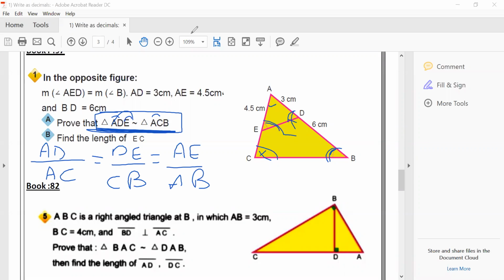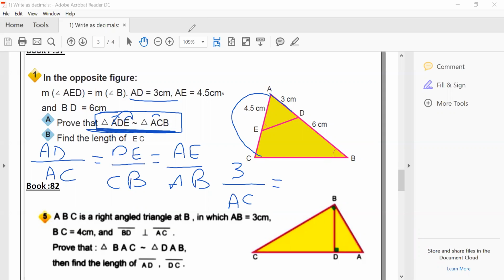Okay, I will remove the letters and substitute with the lengths I have. AD, do you have AD? Yes, AD is given, and it's written for you here: 3. AC, do you have AC? No, you don't have it.